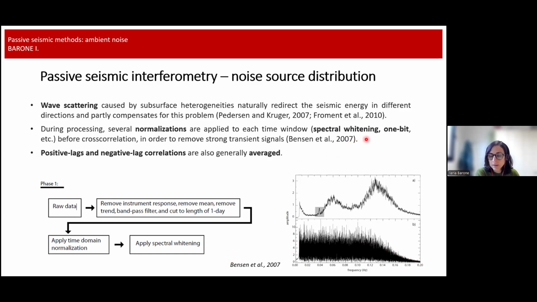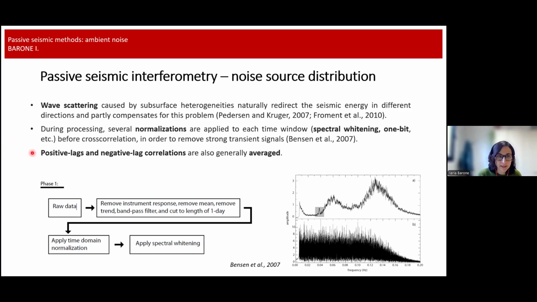Why is this good, why is this compensating for the problem of not having a homogeneous distribution of the noise sources? Because we could have strong transient signals that come from one preferential direction, and these strong transient signals could be short in time, so they could affect only a few windows, and by doing that, we somehow bring the energy of that specific window to a common level.